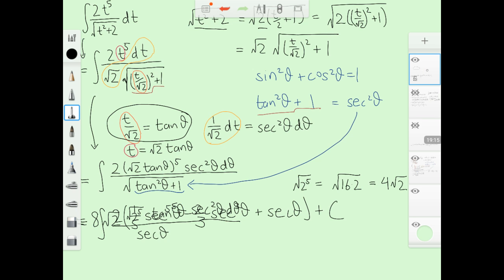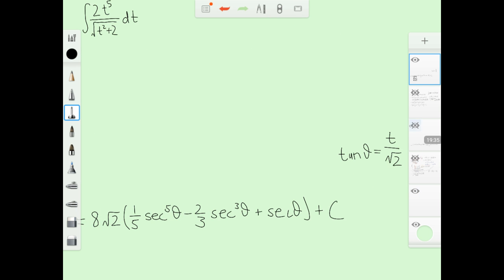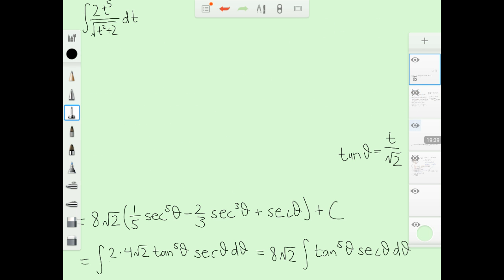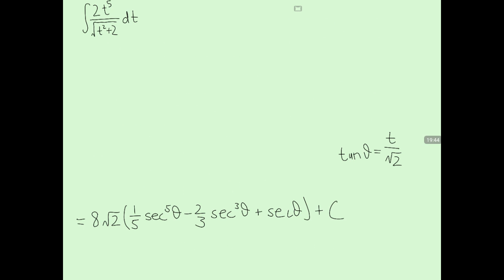So let's just rewrite that. We have tan theta equals t over root 2. So let's go back to our page again so we don't see all this mess. So we have tan theta equals t over root 2.